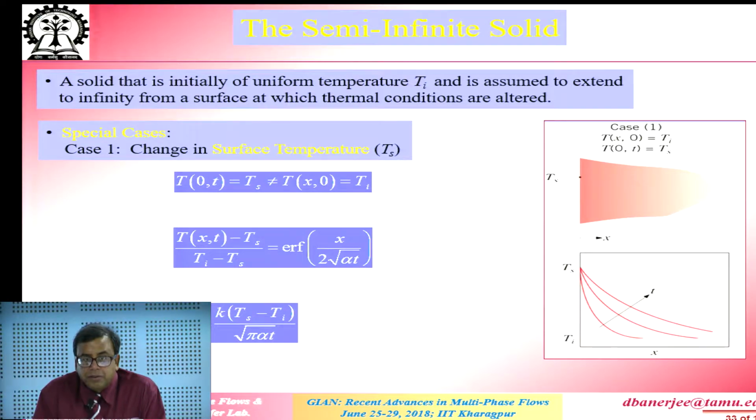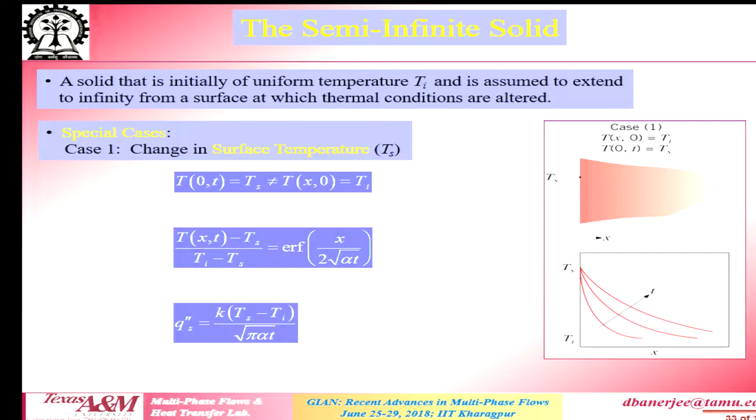So if you are operating at very small times, when it has not penetrated deep into the body, then your temperature fluctuations are confined to a very thin skin very close to the surface of the object. In that case, at very small times, you can neglect the curvature of the body. So it does not matter whether it is a plane wall or a cylinder or a sphere.